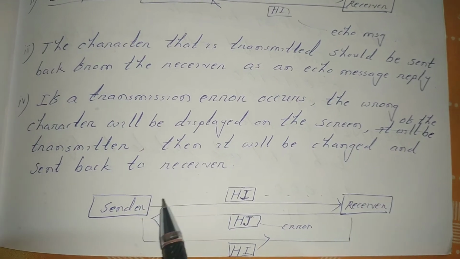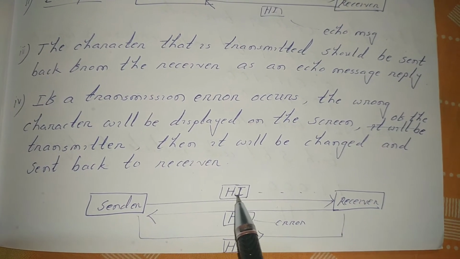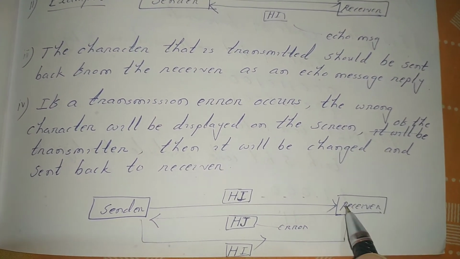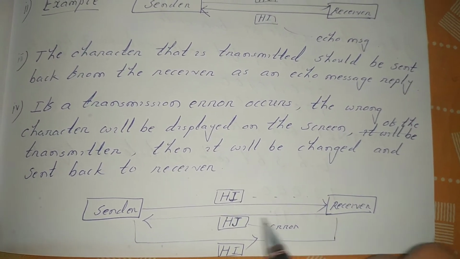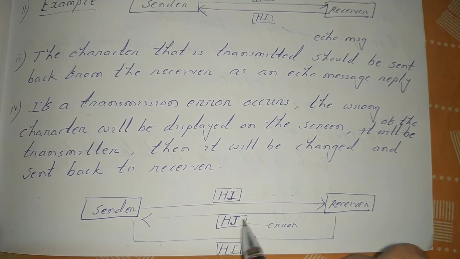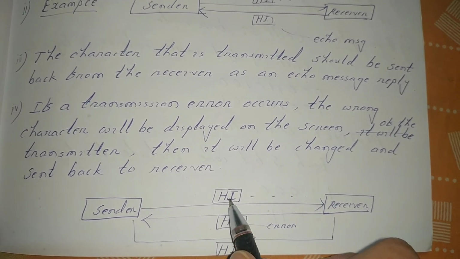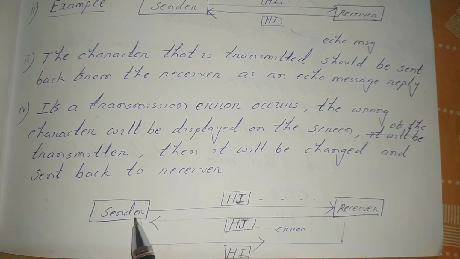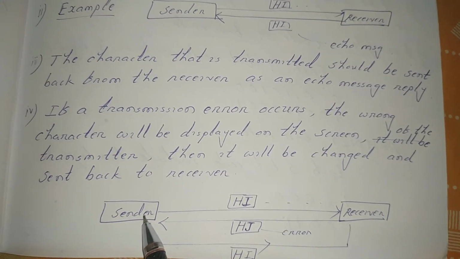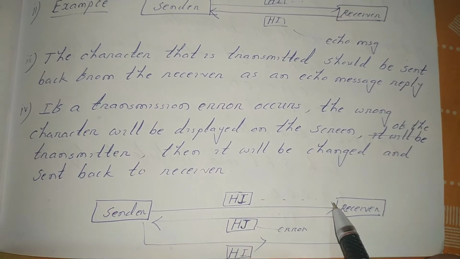Now see here, the sender is sending the hi message to the receiver, and the receiver is getting the exact or correct message. But when the receiver is sending the echo message, during the transmission, the I character is changed to J, HJ, okay, and that is received by the sender. But the message is correctly received by the receiver.